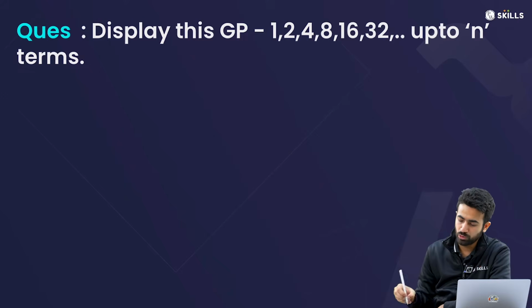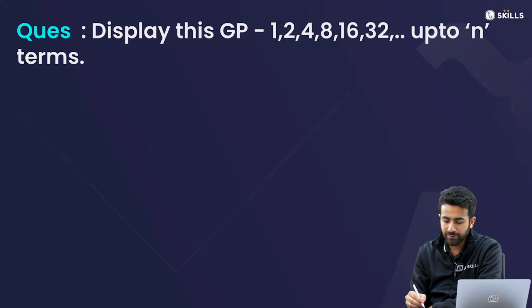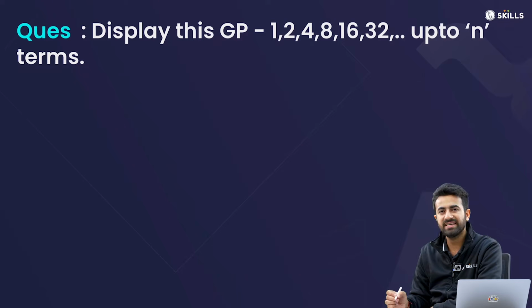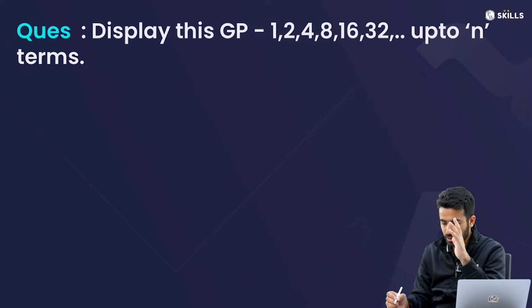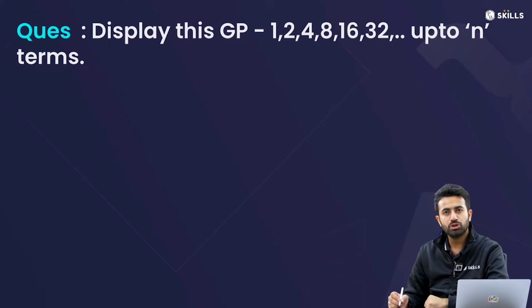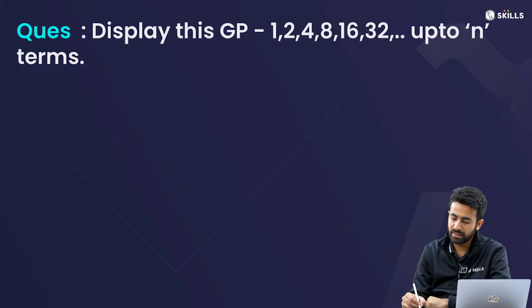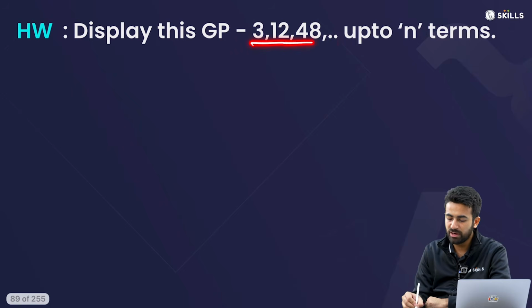Why? To solve this particular question, I have to print this geometric progression. What is a geometric progression, for those who haven't studied mathematics in class 11th? Absolutely fine, no problem. Geometric progression is again simple. Here there is a common ratio, like 1 into 2, 2; 2 into 2, 4; 4 into 2, 8; 8 into 2, 16 and so on. For example, this is also a geometric progression: 3, 12, 48.